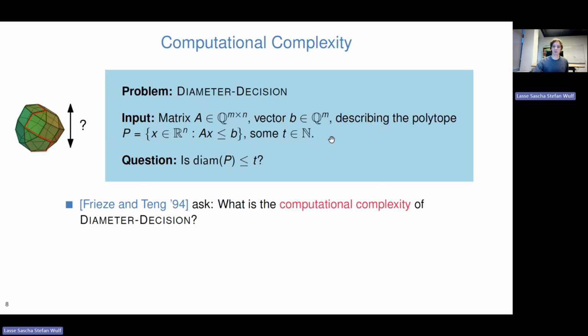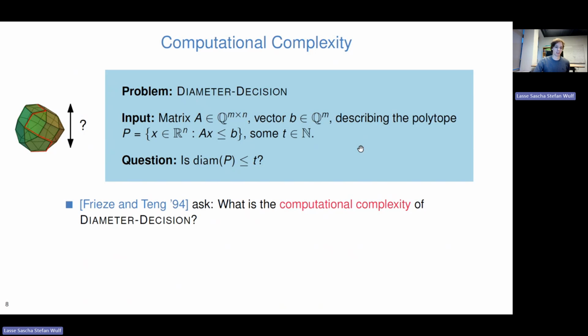And then my question to you is, for some given threshold parameter T, is the diameter of this polytope at most T? And as I hinted at before, the main difficulty of this question is that I can, with very few hyperplanes, describe very complex polytopes with an exponential number of vertices. So this question seems very tricky.